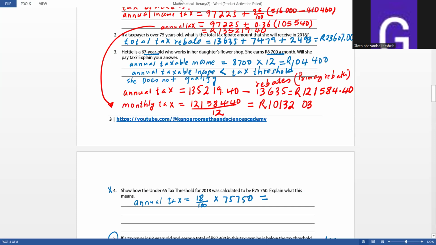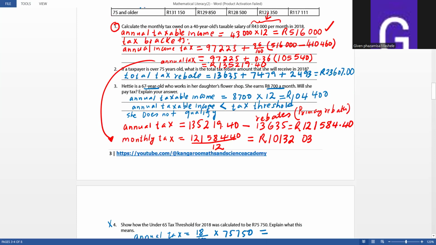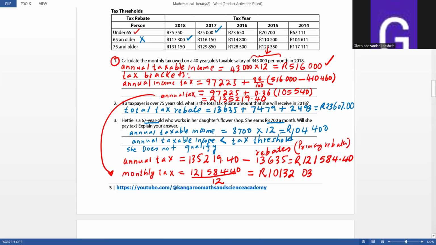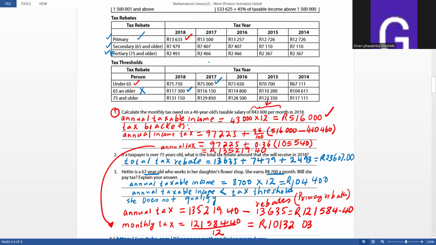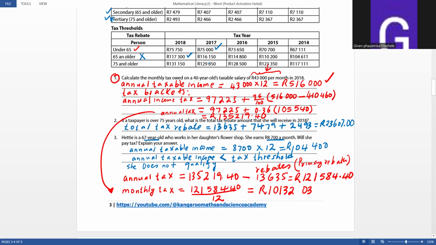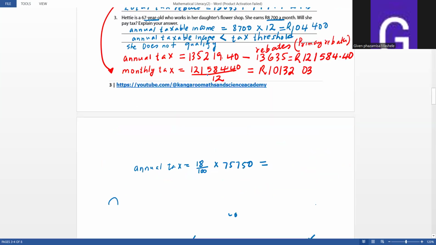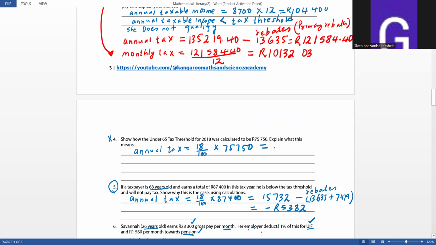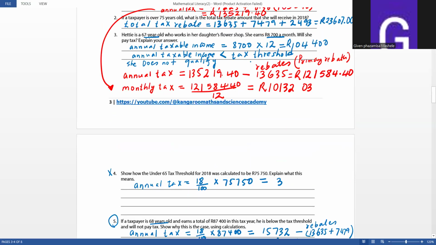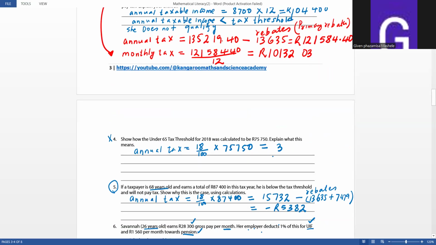If we work it out, what is 18% of 75,750? So this will be 13,635.